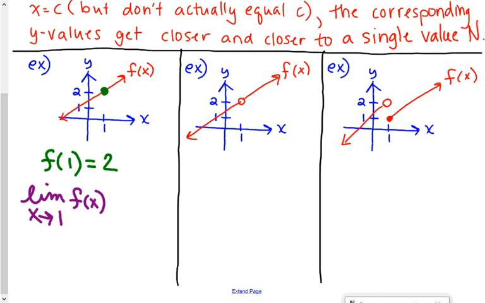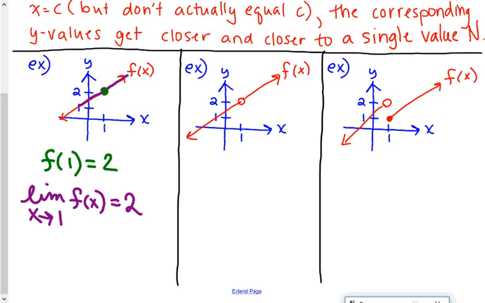That means where is the function going towards? So if I put my right finger on the right side of the graph and I went towards x equals 1, my y value would be getting closer to 2. And on the left side, my y value would be getting closer to 2. So since both fingers come to the same place, the limit is equal to 2. So in this case, the function and the limit are the same thing, all right, because it's nice and smooth and continuous.